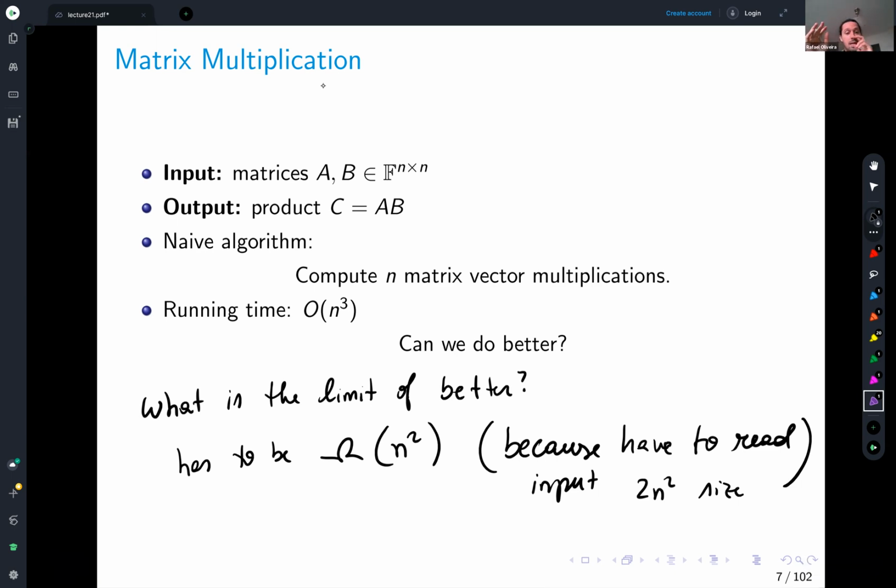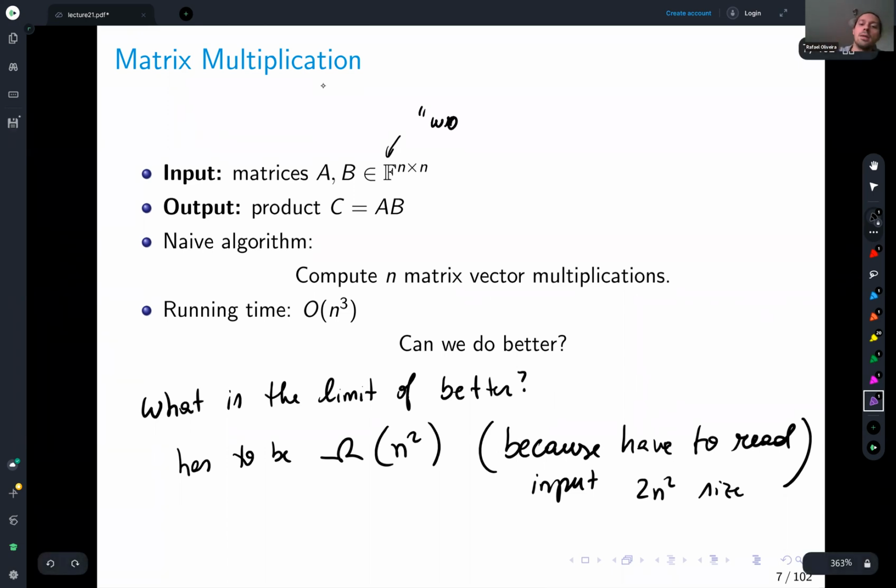And I'm assuming here that the elements of the field F, so F here is a field, take O of 1 to read and write and so on. So we're in the word RAM model, sort of.